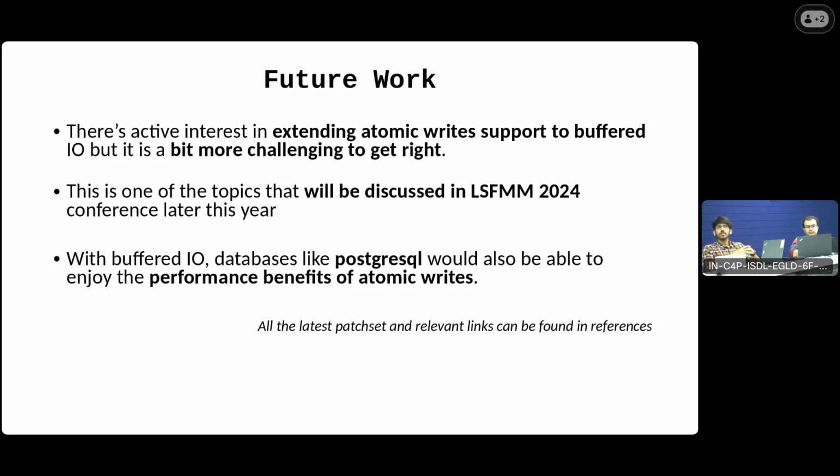So there are some added complexities, and it's also something that will be discussed in the upcoming LSFMM. The proposal details can be found in the reference link. But the good thing is, with direct IO, MySQL can get the performance benefit with atomic writes. With buffered IO, a database like Postgres can benefit from it, because it primarily uses buffered IO for its working.